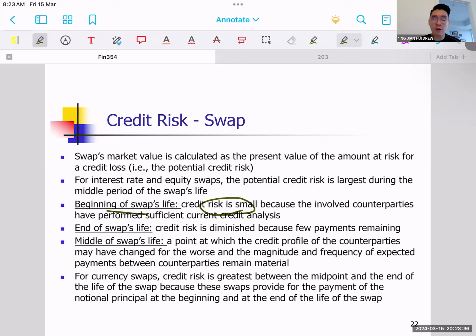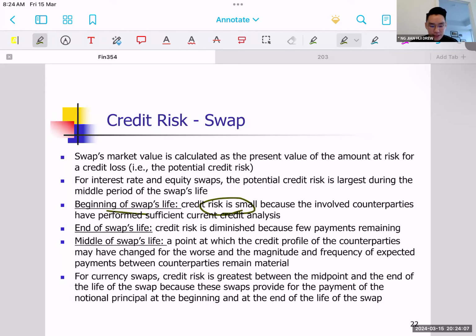But at the end of a swap life, there are no more cash flows, or maybe one or two more cash flows before the swap ends. So most of the credit risk of non-payment of the cash flows has already passed. We are not concerned about the credit risk; we can even use value at risk. The amount that is at risk is very little at the end of a swap life.